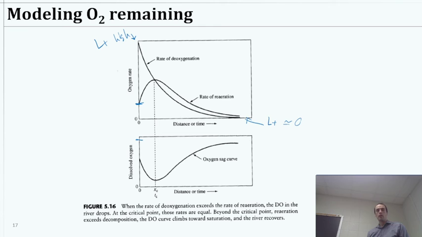So that's the other thing you'll notice, this critical point here, this XC or TC, that corresponds to the highest rate of reaeration because that's the highest deficit we found. Okay, so when we take a look at the math for these situations, that kind of worst case scenario, the highest deficit is also the highest reaeration moment.